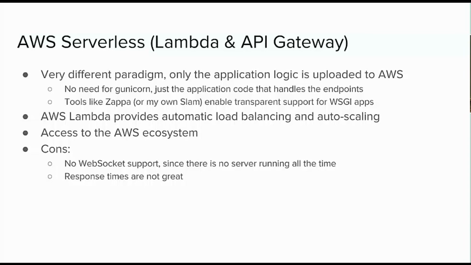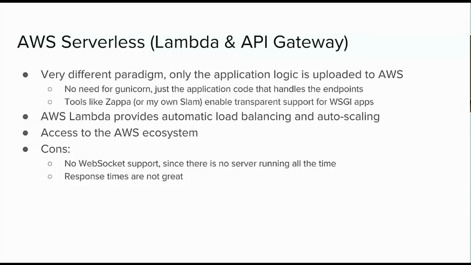And then one of the problems I see, since you have no server, there's no way to establish long-term connections. So WebSocket is a no-go. You can't have a server running for a long time because you pay for the time that your function runs. So if it runs forever, all the functions have a timeout. So it's not going to run forever.